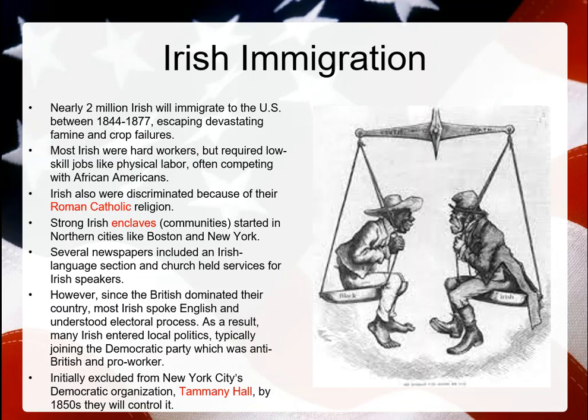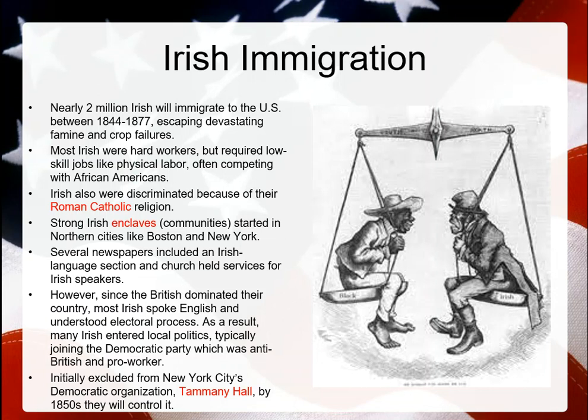And then you're going to get these enclaves or little Irish communities within cities like Boston and New York. We're going to have several newspapers. They'll be written in the Irish language. Now, a lot of Irish people speak English because Britain controlled Ireland for so long. So they'll also know English, but Irish, the language itself, will also be printed in that area.